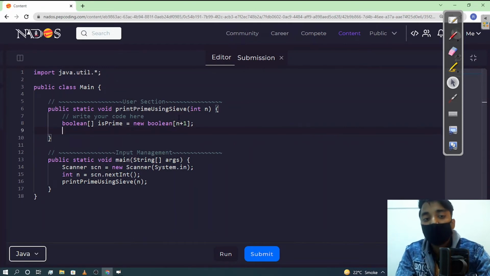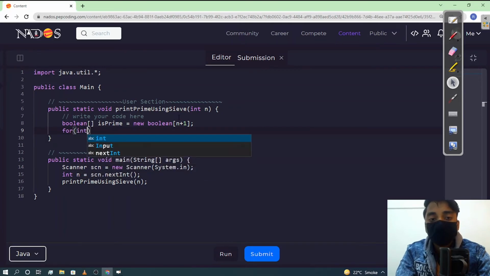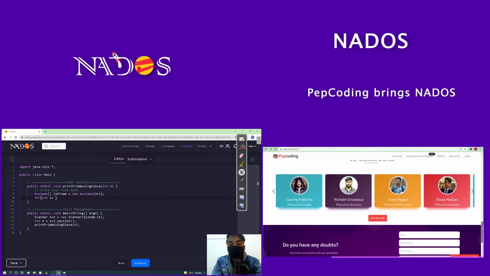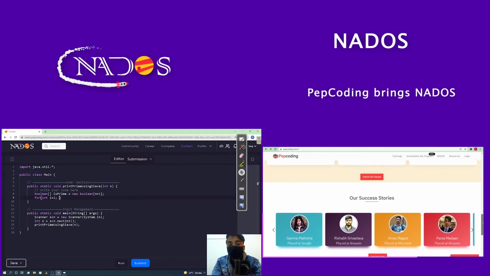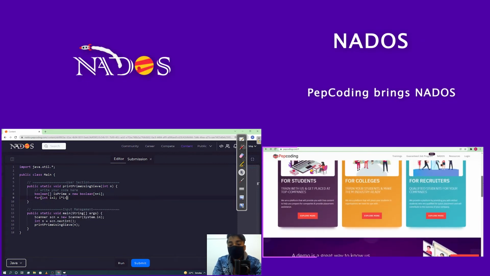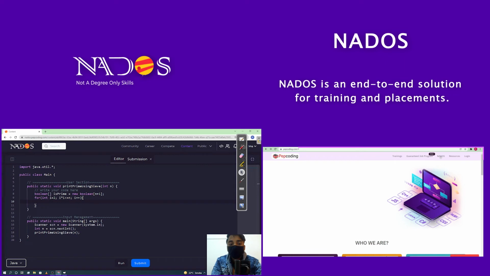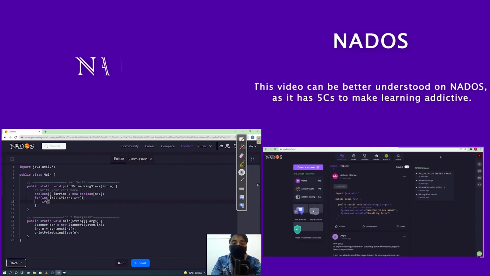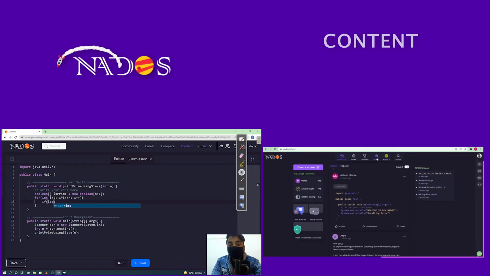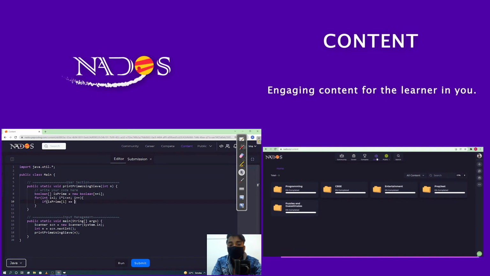Now our loop will go from i, start from 2, i into i is less than or equal to n, i plus plus. Now inside this it will check if isPrime at i is equal to true.